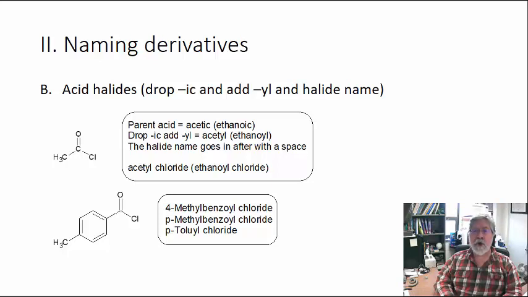And so you could call it toluyl chloride. There are 3 isomers of toluic acid, so you have to put in the para. Don't use 4. It wouldn't be appropriate because ortho, meta, and para belong with the monosubstituted common names of benzoic acids. So para-toluyl chloride. A little bit of a tongue twister.